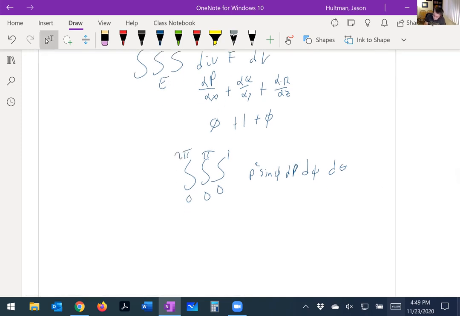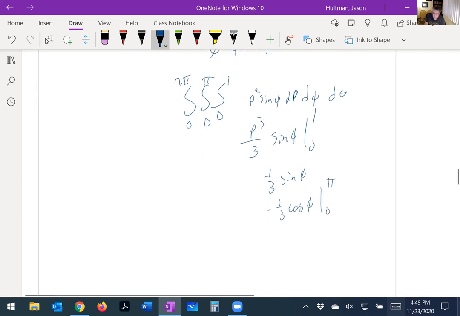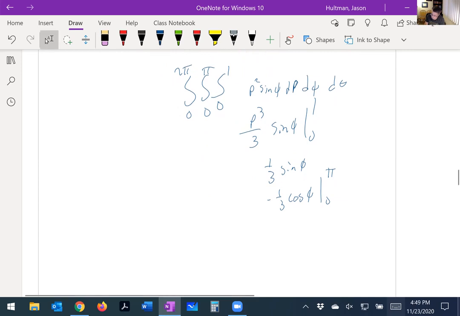Okay. So what does this become? We'll integrate on rho. That's just rho cubed over 3. Sine phi. From 0 to 1, that's 1/3 sine phi. Okay, so then let's integrate with respect to phi. So this is negative 1/3 cosine phi from 0 to pi. Then cosine of pi is negative 1.